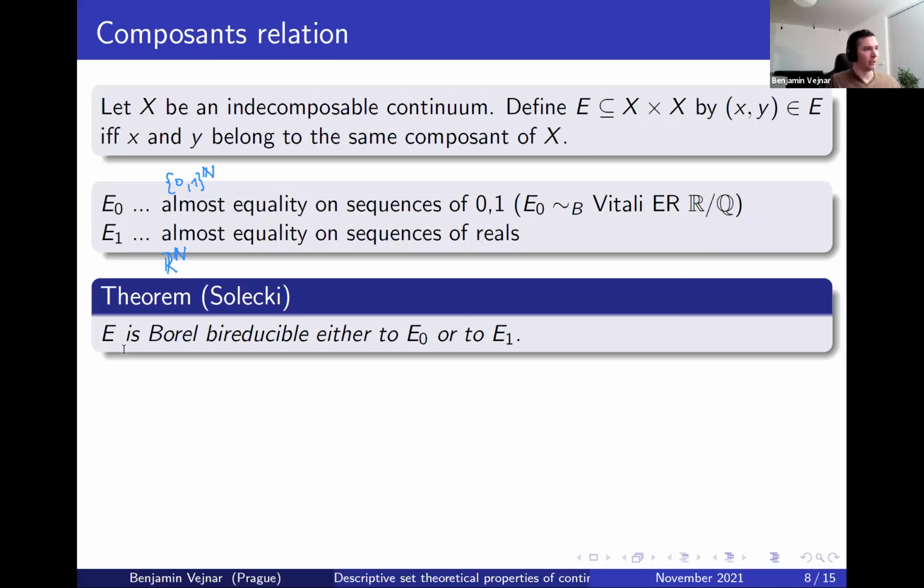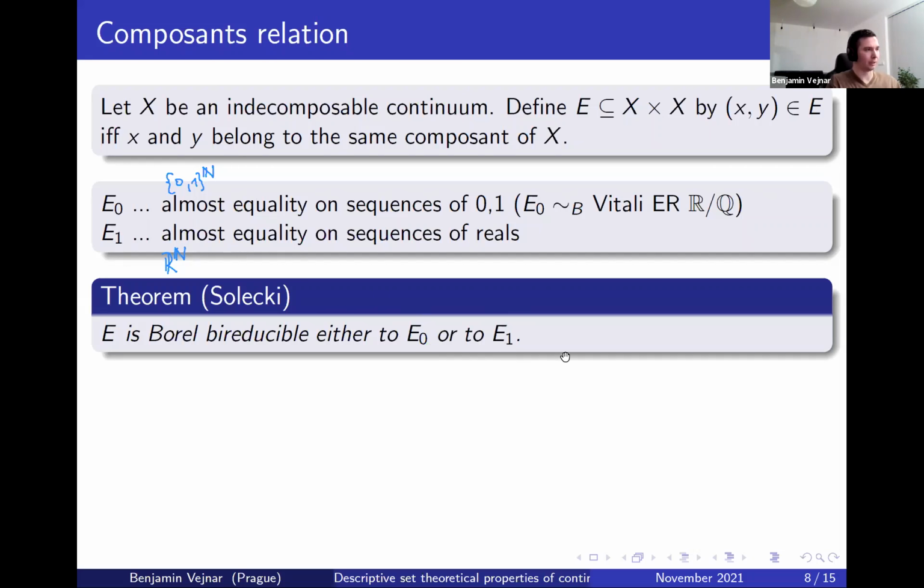So this is one ingredient for his proof. And the second one is a deep result from descriptive set theory, which is a dichotomy theorem by Kechris, Louveau, and Woodin. And that's why he got these two possibilities here. Well, of course, one may wonder which indecomposable continua are related to this E0 and which continua are related to this E1.